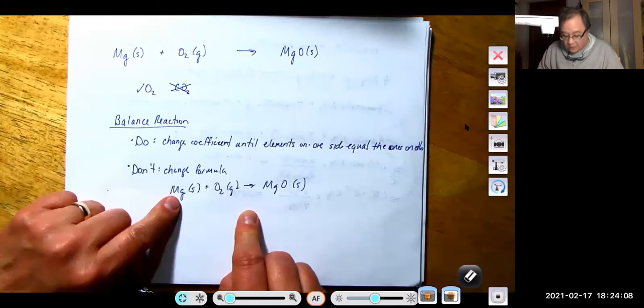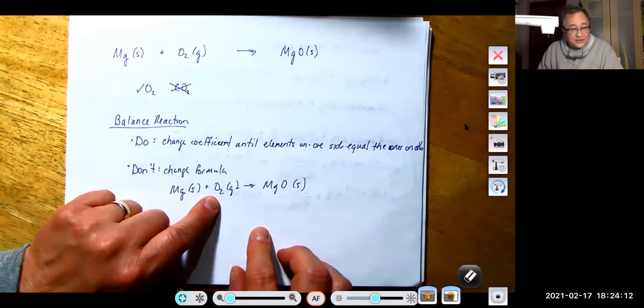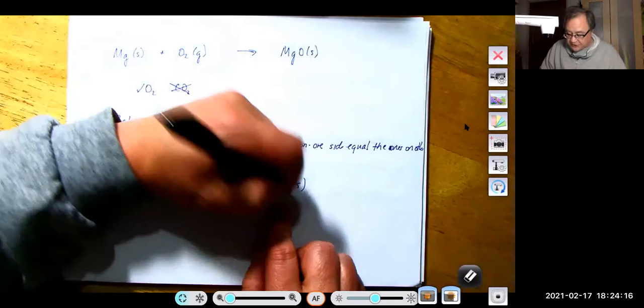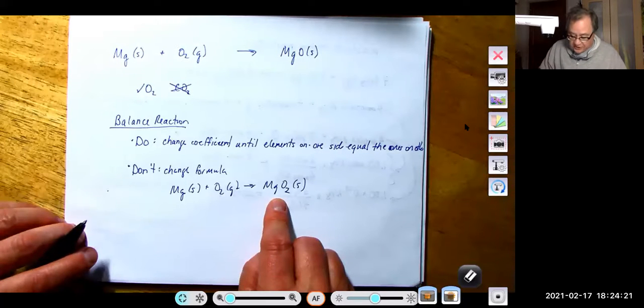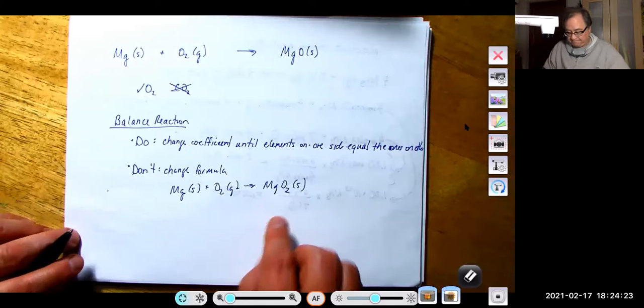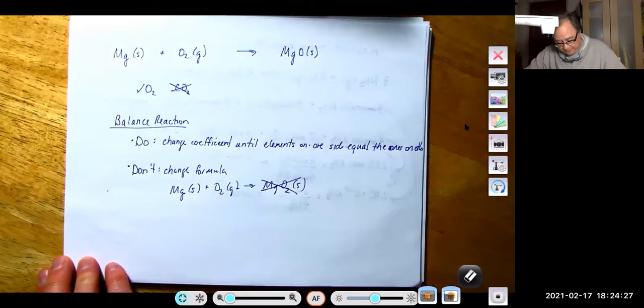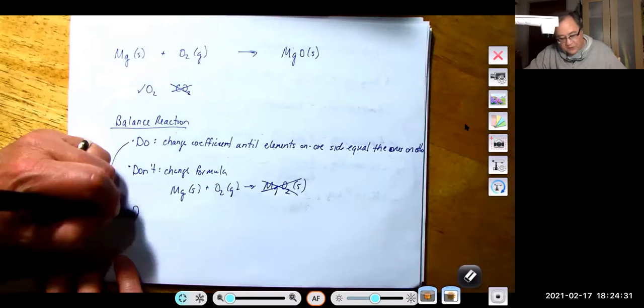One magnesium, that's good. Two oxygens, one oxygen, that's bad. So if I do this, I have two oxygens and two oxygens. Why is this a don't? I changed the formula. You do not get to change formulas. So let's bring the do down. So we're going to do the do.